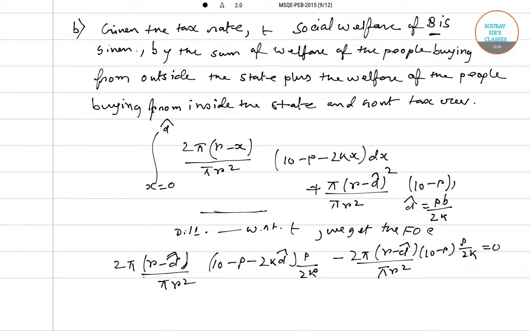Now the above holds only when d hat is equal to 0, or d hat is this in the case of welfare minimization, and this in the case of welfare maximization.